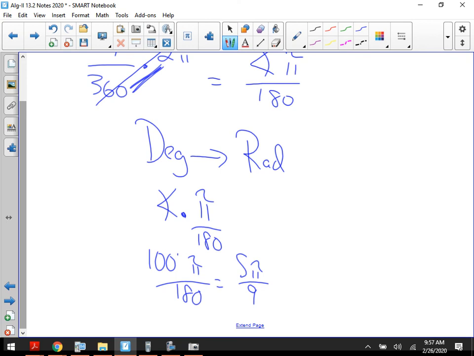That's converting, because radians have pi in it. Now, what do you think you have to do to go the other way? Well, 180 over pi. Because do degrees have pi's in it? Nope.